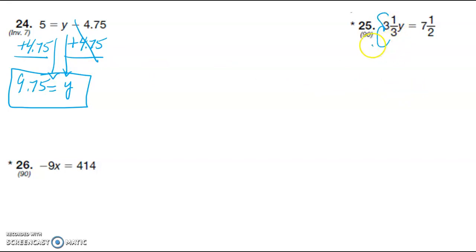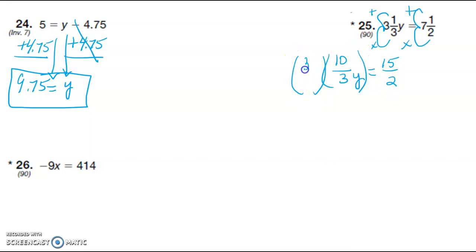So we have 3 times 3 is 9 plus 1 is 10 over 3y is equal to 2 times 7 is 14 plus 1 is 15. And now we're going to multiply by the reciprocal. This and this is going to go away.